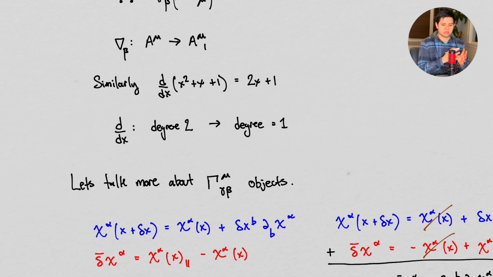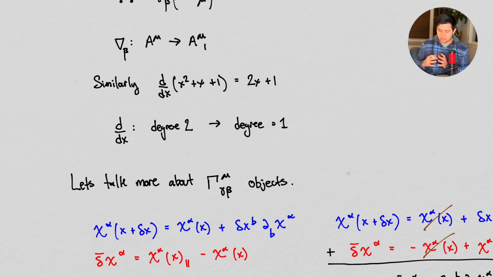It changes an object into a fundamentally different type of object. Okay, and that's going to be important when we start talking about the connection, because if we want the connection to transform in some way, what we're actually going to find is that the connection is not going to transform by means of a tensor transformation.